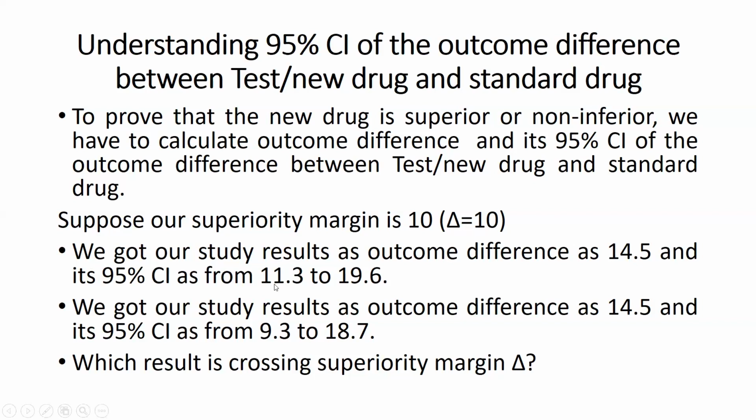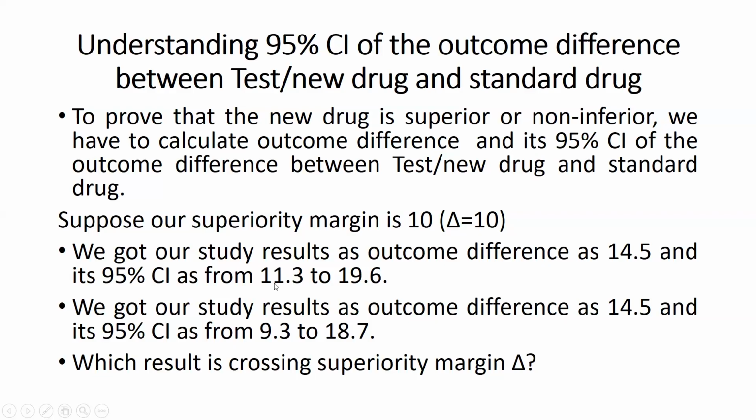We have to see the 95% CI, which is 11.3 to 19.6. So please go from 11.3 to 19.6: 11.3, 11.4, 11.5, 11.6, 11.7, 11.8, then 12, 12.1, 12.2, and so on up to 19.1, 19.2, 19.3, 19.4, 19.5, 19.6.